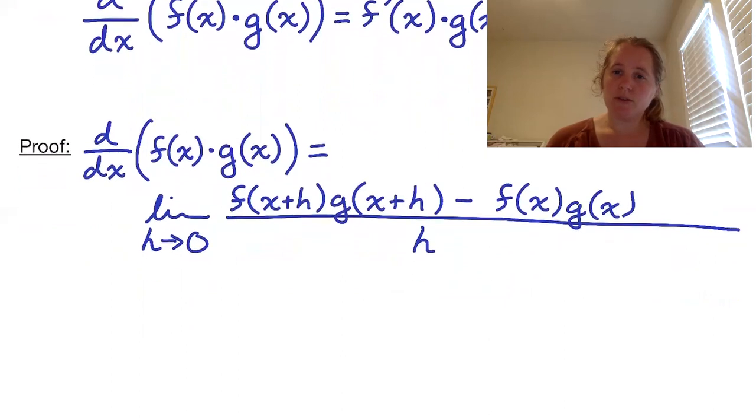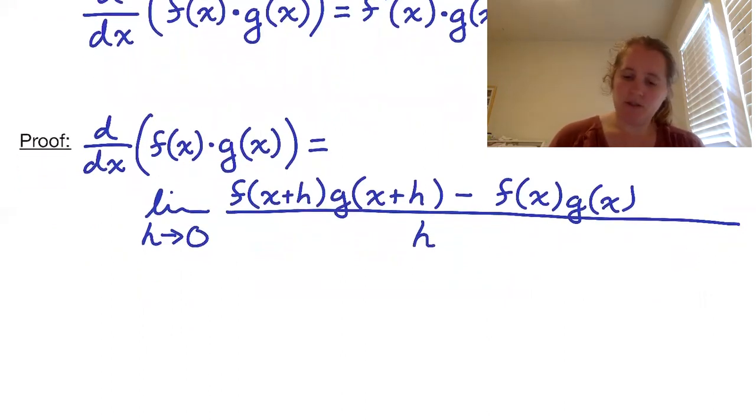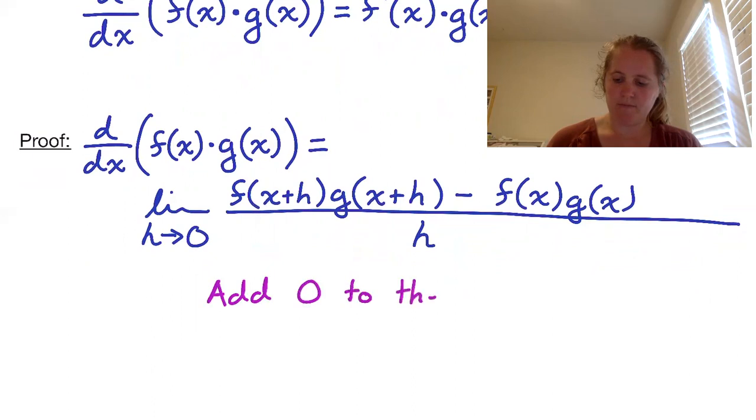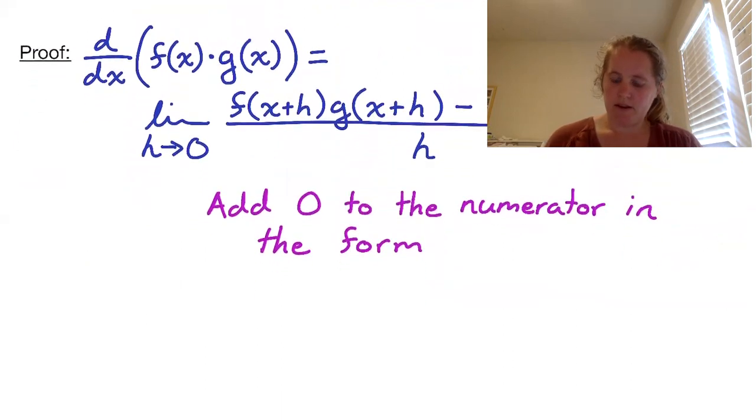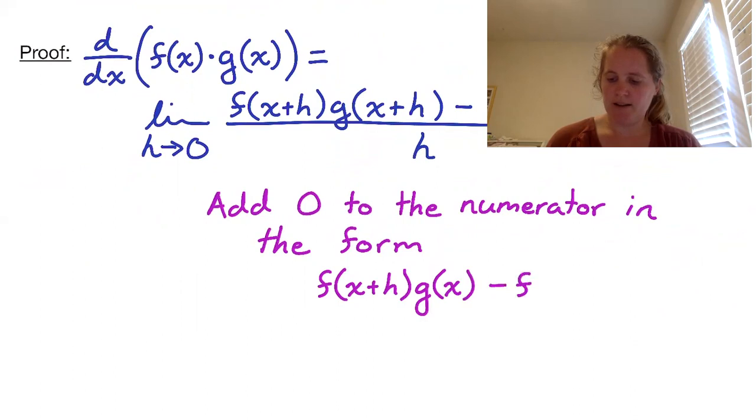So what we're going to do is we're going to add in 0 in a strange form. So we're going to add 0 to the numerator in the form f of x plus h times g of x minus f of x plus h times g of x.